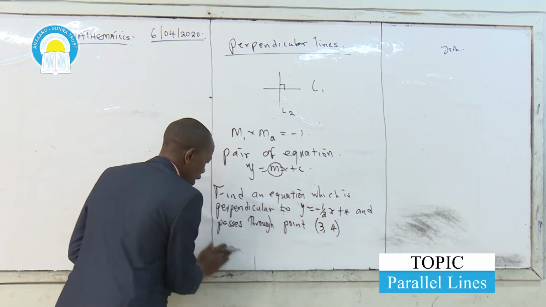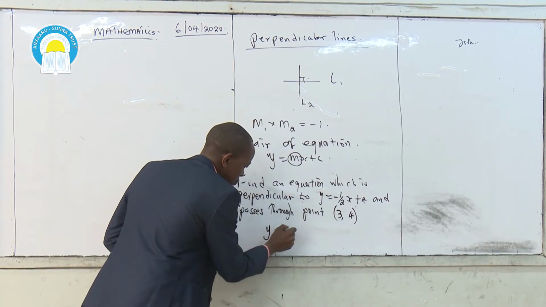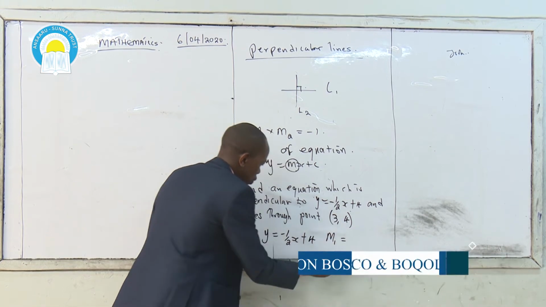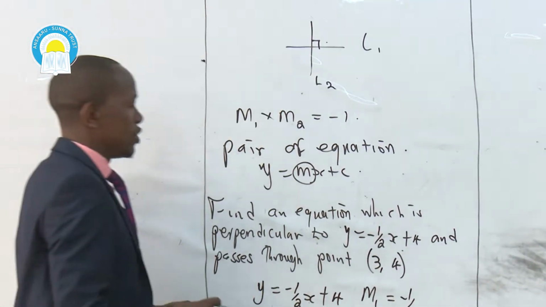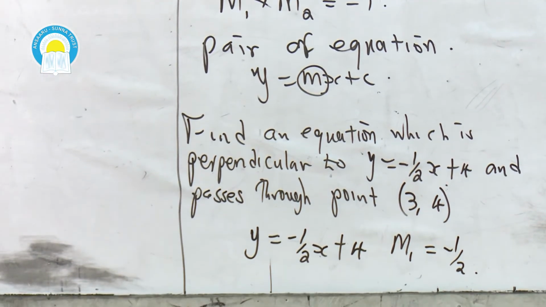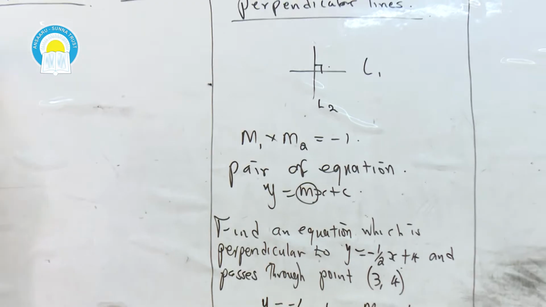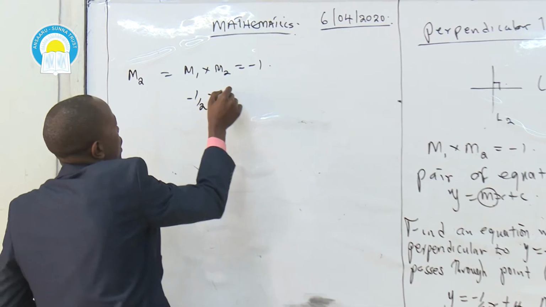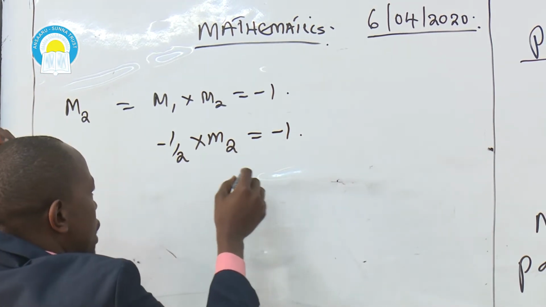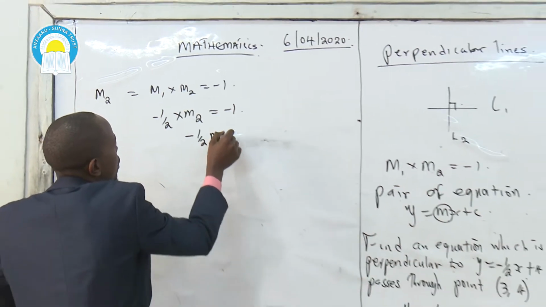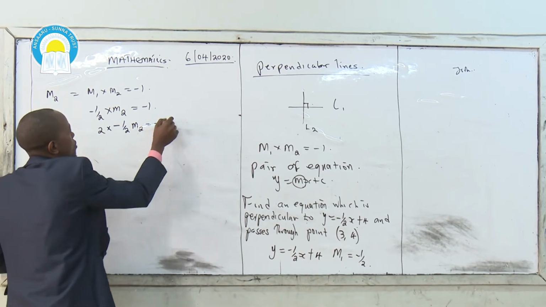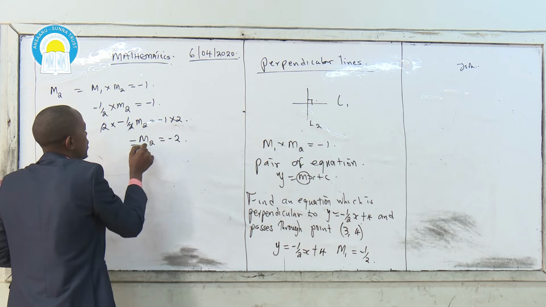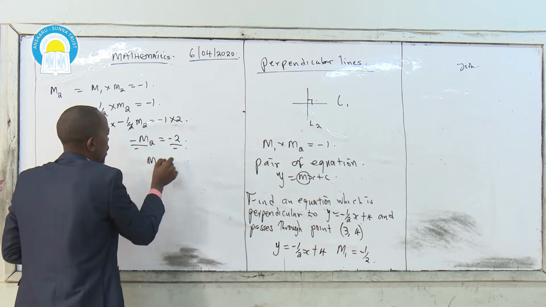We know that our M1 is from the line that is given there, which is -1/2. So we find our M2. M1 times M2 gives us -1. So -1/2 times M2 gives us -1. Then we multiply both sides by 2, so that -M2 is equal to -2. Then we divide by negative, so our M2 is 2.